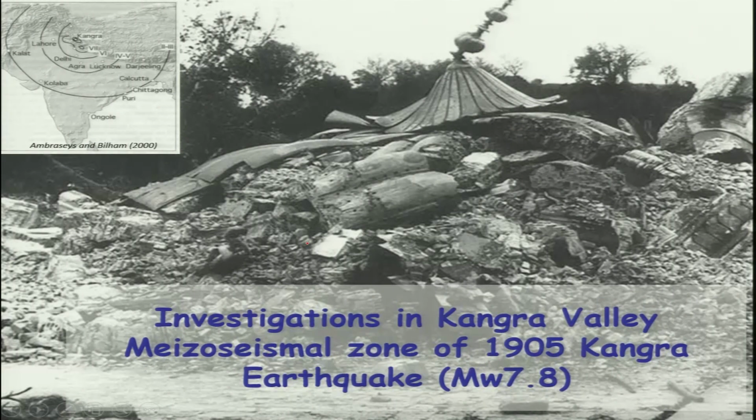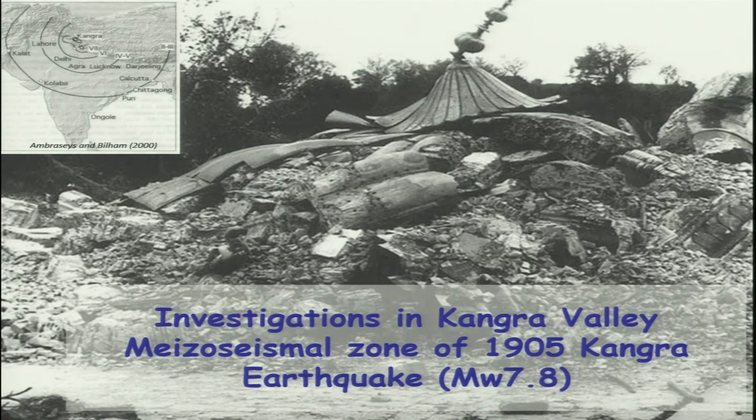Looking at the damage, because the intensity was very high and huge damage was experienced in Kangra Valley, we started hunting for the active fault in this region. But we were never aware, because the previous studies indicated that the Kangra earthquake of 1905 was along the Jwalamukhi thrust, which is towards the south of this Kangra Valley.